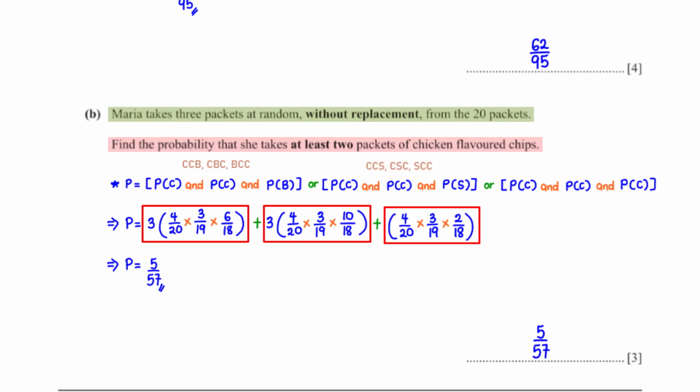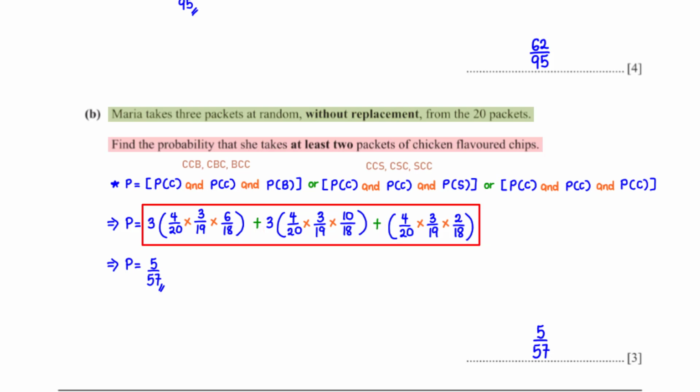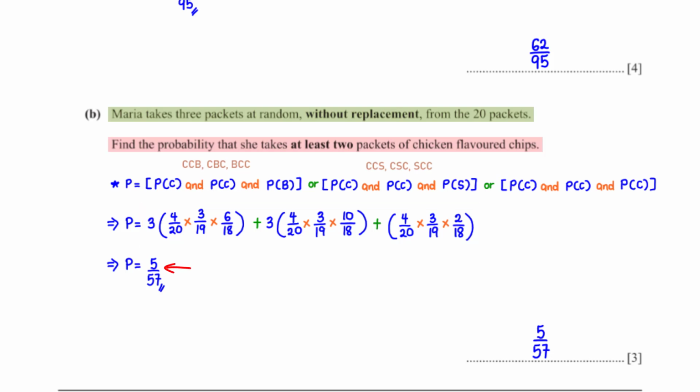The probability that the first 2 packets are chicken flavored chips is 4 over 20 times 3 over 19. Without replacement, the probability that she picks a third packet of chicken flavored chips is 2 over 18. When we type this into the calculator, we get 5 over 57.